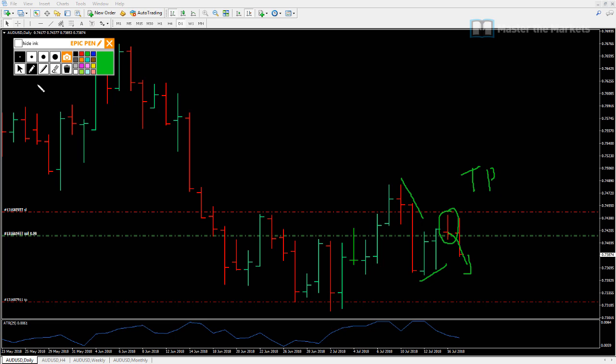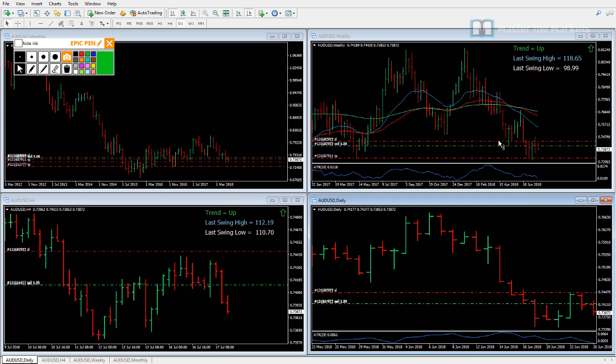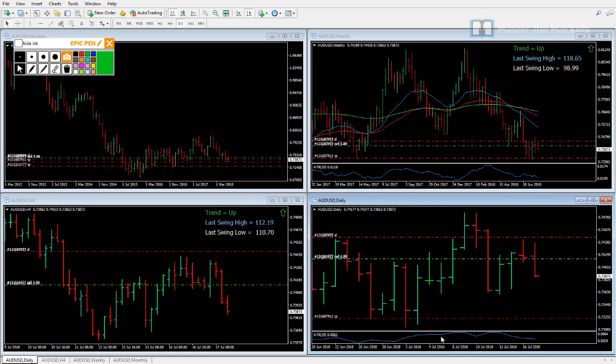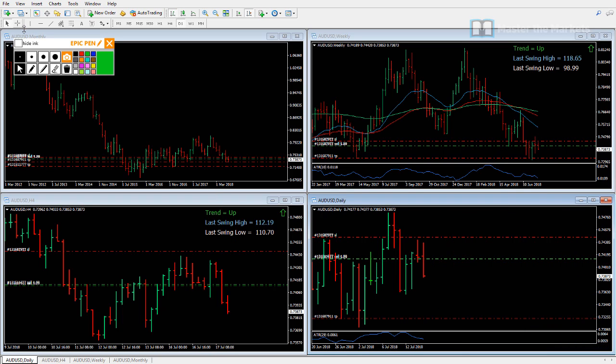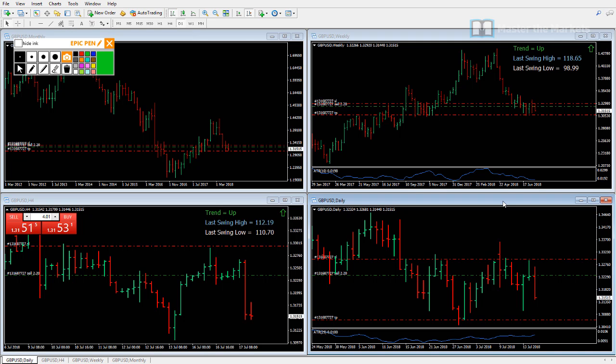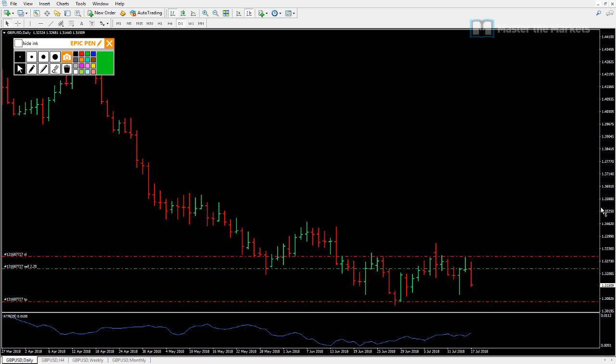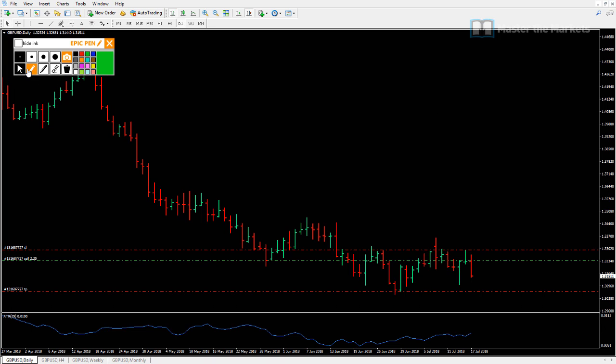The similar thing we have also over here on cable as well. Pretty much a similar trade, again for trend to persist.